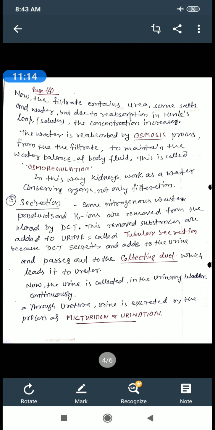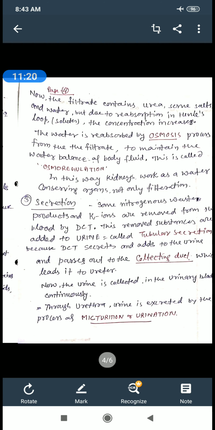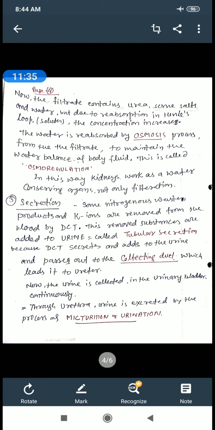This reabsorbed water is used to maintain the water balance of our body fluid. So this process is also called osmoregulation. Osmoregulation is very important from an examination point of view. In this way, kidneys work as a water conserving organ, not only for filtration.